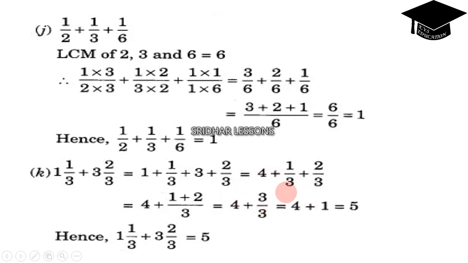So if you can add these two because they have common denominator 1 plus 2 by 3. Okay, that means 4 plus 3 by 3, this is equals to 4 plus 1 because 3 by 3 is 1. So this is equals to 5. Hence 1 into 1 by 3 plus 3 into 2 by 3 is equals to 5.